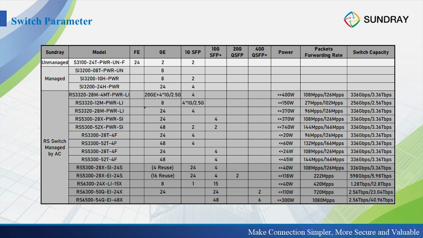Maybe you already have a project and you want to know what model from Sundray can compete with the competitors. After we compare with this table, we can know. For example, in some projects we get the parameters of a competitor, and they need 48 gigabit ports, 2 SFP ports, and 2 10 gig SFP ports.